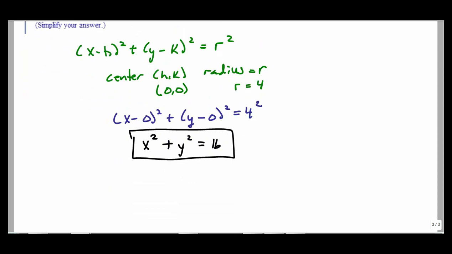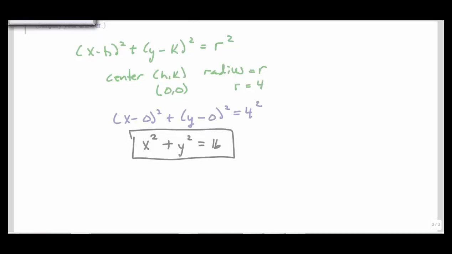Now sometimes the center or the radius will be something a little bit different than you might expect. Let's go ahead and look at an example where we might have a center that has negative values and a radius that might have some radical values.